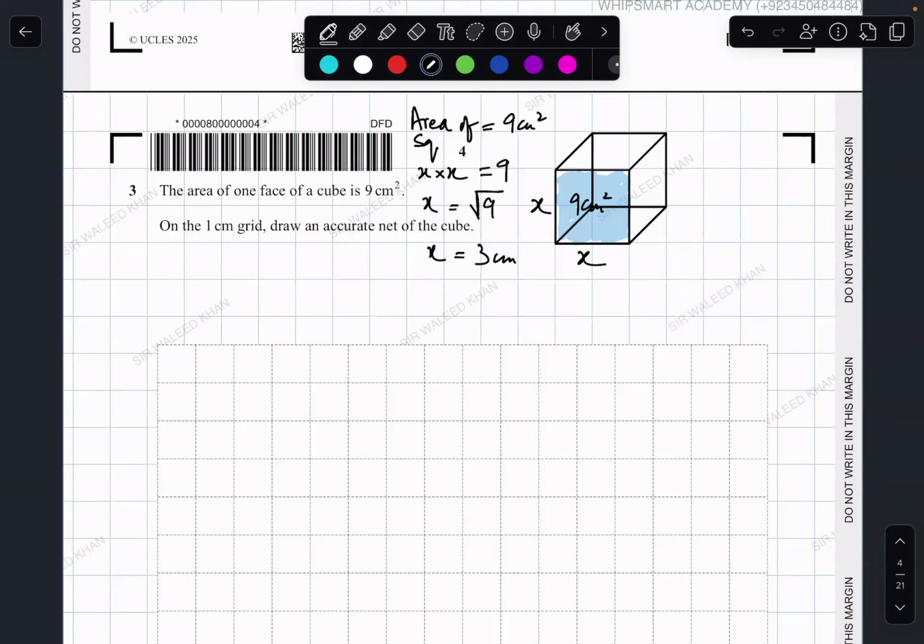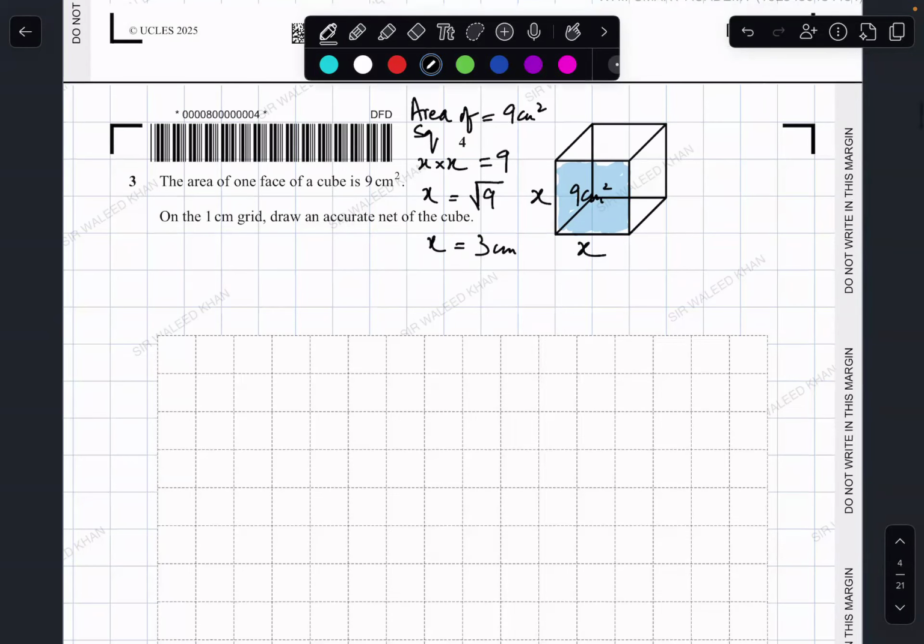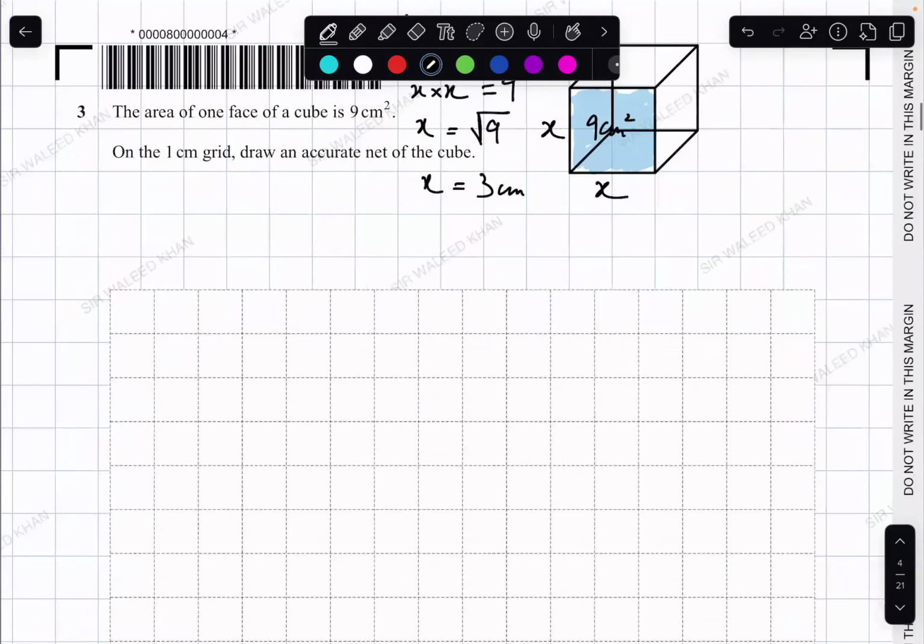Right? Now, to make the net of it, we have to have the idea that there are total 6 surfaces. Total surfaces are 6, in which 2 can be considered as bases.